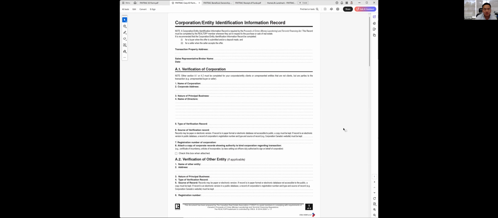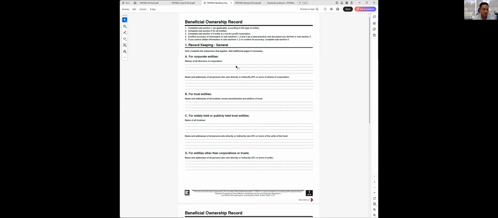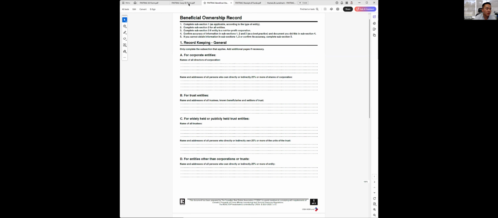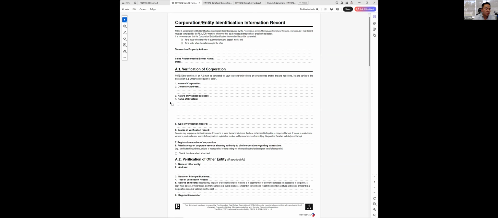Obviously, a corporation is not going to have any kind of photo ID, but that's where the beneficial ownership record comes into play. So, in terms of the corporation itself, you need to get the name, the corporate address, the name of the principal business, the name of the directors. The best way is to ask the client to provide the corporation's articles of incorporation.